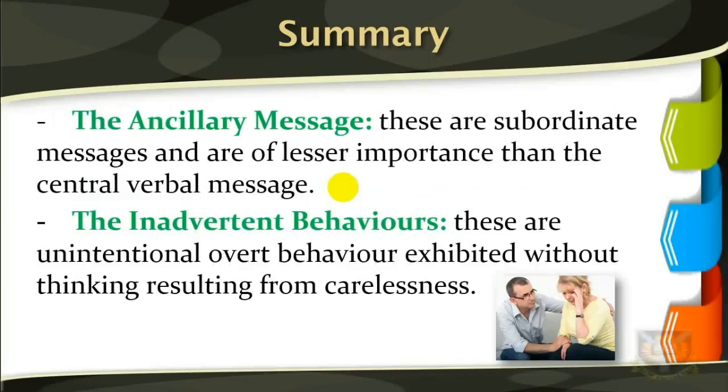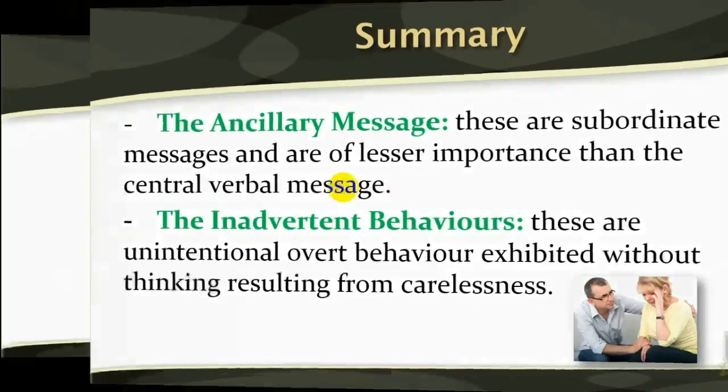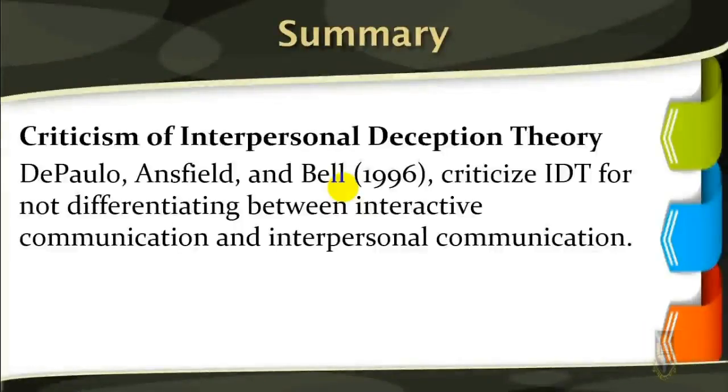The inadvertent behaviors are unintentional overt behavior exhibited without thinking, resulting from carelessness. Criticism of interpersonal deception theory. DePaulo, Ansfield and Bell, 1996, criticize IDT for not differentiating between interactive communication and interpersonal communication.